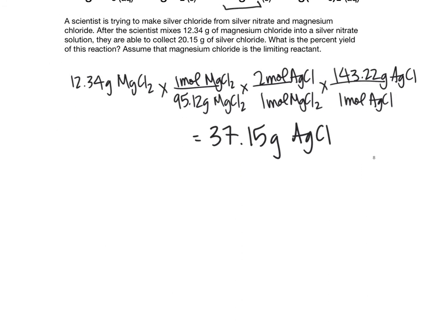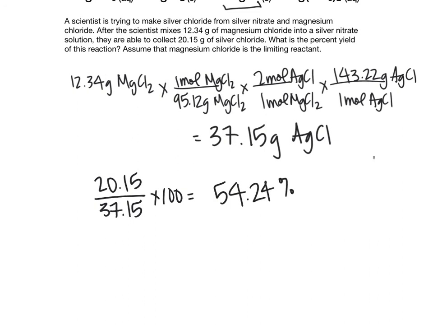So to calculate the percent yield, we're going to take our 20.15 divided by 37.15, multiply that by 100, and that's going to give you 54.24%. So you'll notice that I'm continuing my use of significant figures. Both of these values have 4 sig figs, and so that's how many your answer should hold.